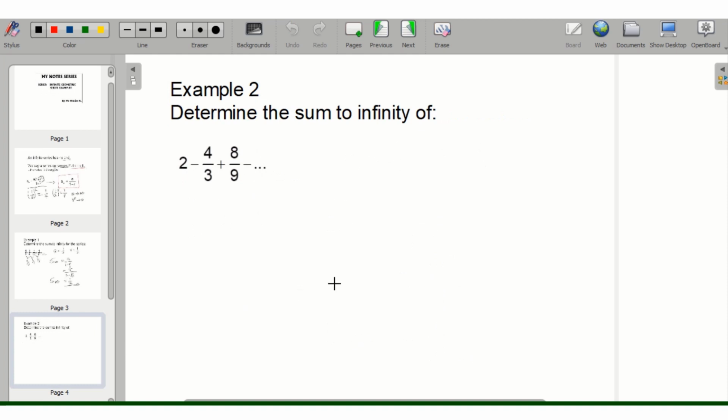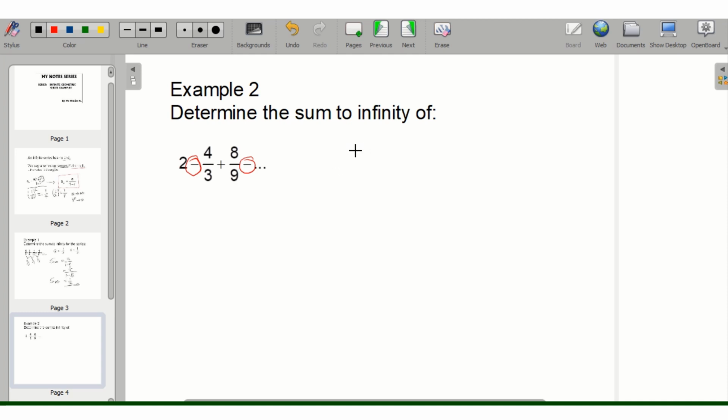Looking at the second example, there's a point that I like about this example. If you look here, you have a negative, and here you have a negative. So sometimes learners will think this cannot be a series because a series should have a plus. But in reality, a plus and a minus always go together.